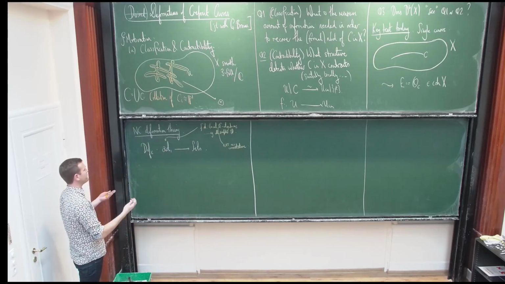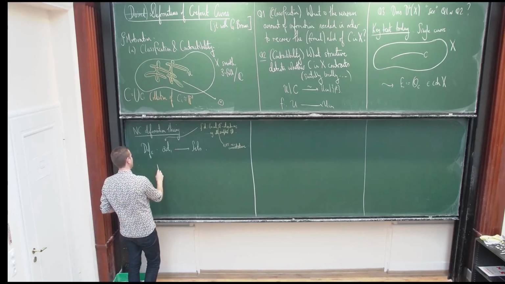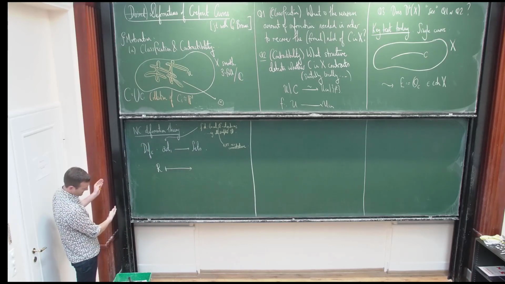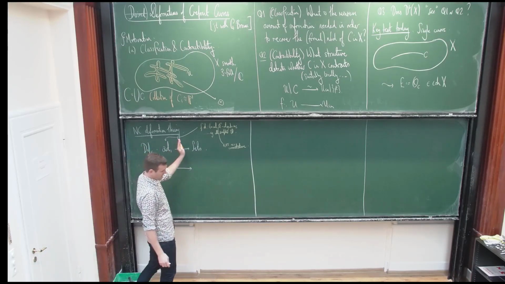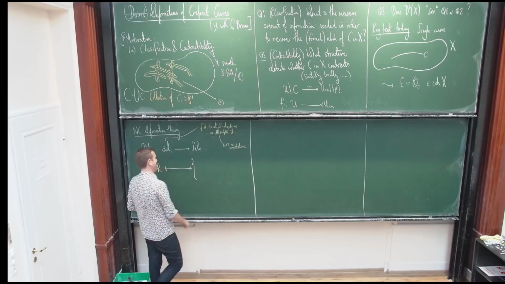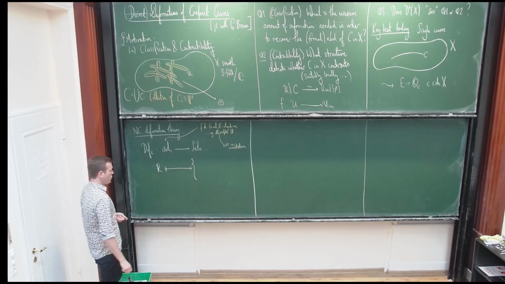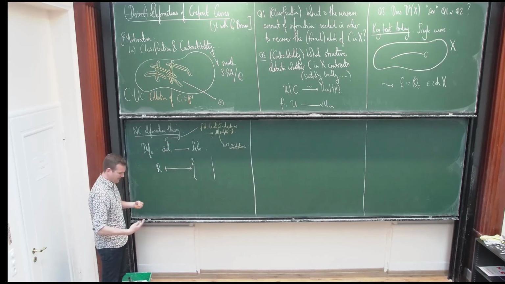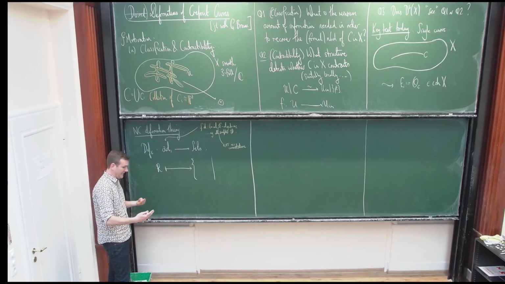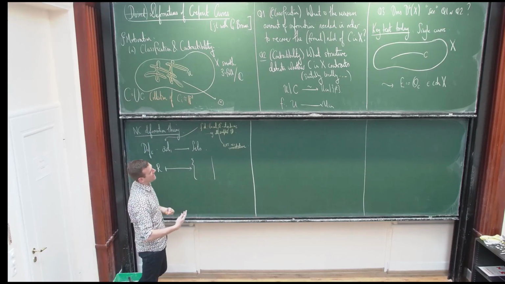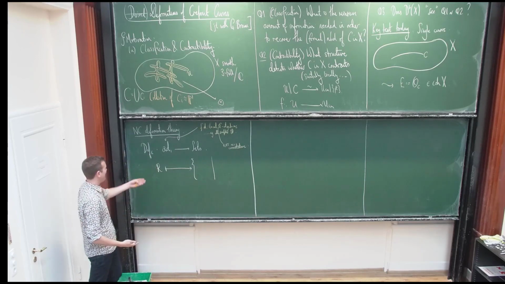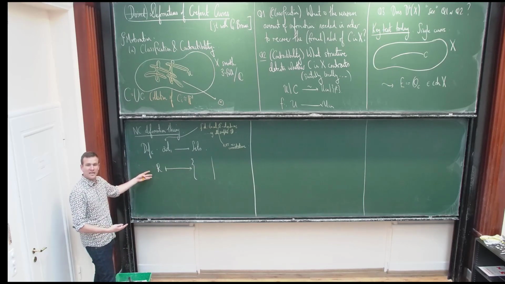Okay, so how am I going to deform my curve over such an object? Well, I take my test object R and I have a functor, so I have to map every object in this category to some object in this category, so I have to map it to a set. So what do you do? Well, you want to say, what is the deformation of the curve? First of all, somehow morally, it's a sheaf on X cross Spec R. But the slight issue is that Spec R doesn't exist because R is not commutative.